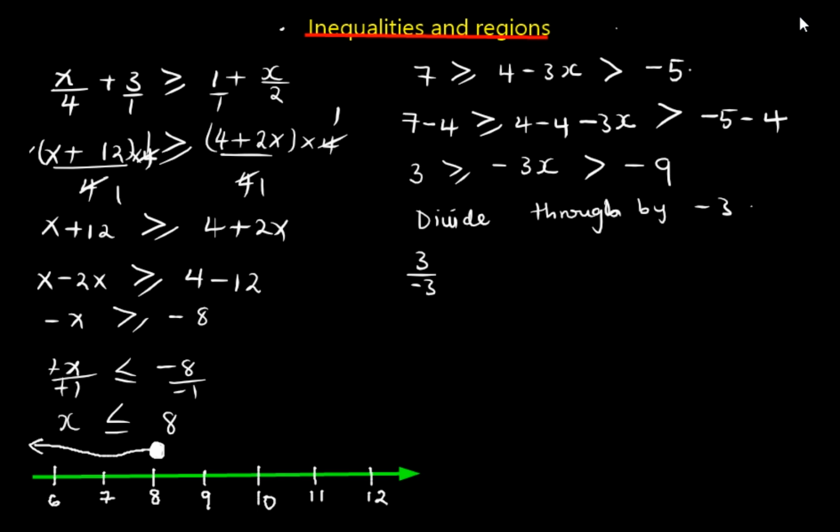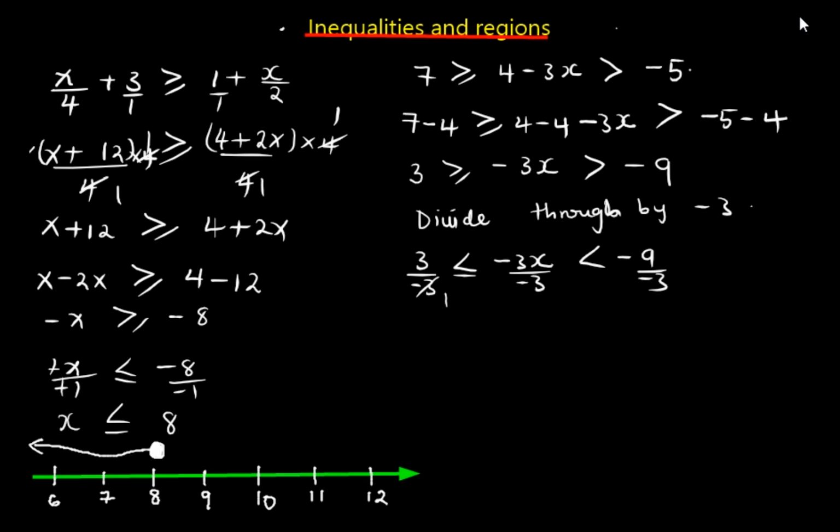This inequality symbol is going to reverse, that is less than or equal to. This is negative 3x divided by negative 3. Since we are dividing with a negative, this inequality symbol is going to reverse, and that is negative 9 divided by negative 3.